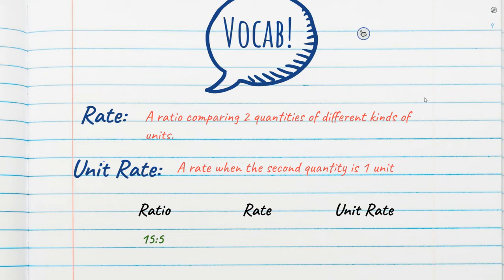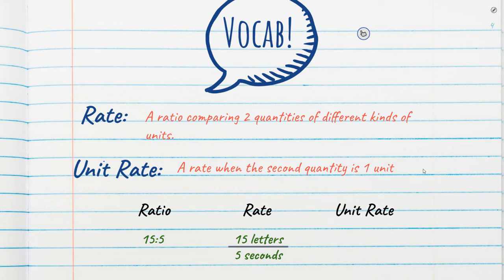For every 15 of something, we have 5 of something else. 15 to 5 is the ratio. And remember, ratios can be written with the colon, the word to, or as a fraction. When we get into rates, we're actually going to write these ratios as fractions. It makes things a lot easier if we write them all as fractions.